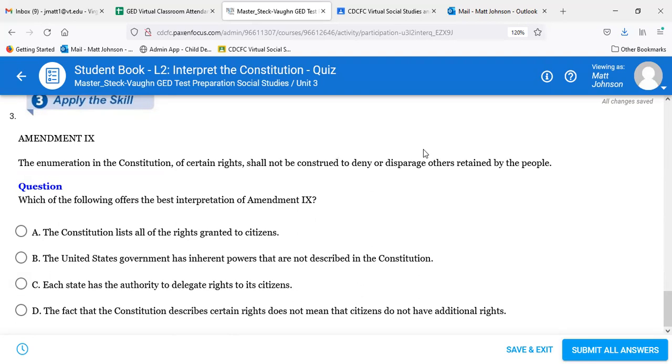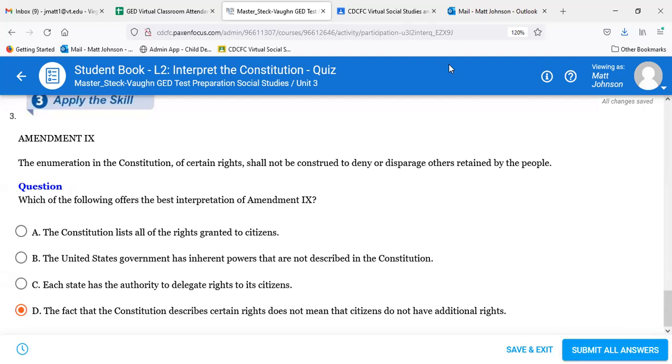Is it C? It's D. D as in dog. So what that's saying, the enumeration in the Constitution, meaning we've listed these rights, we've enumerated these rights for you in the Constitution.